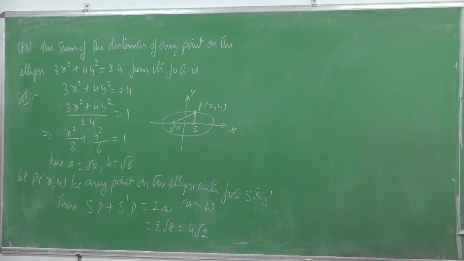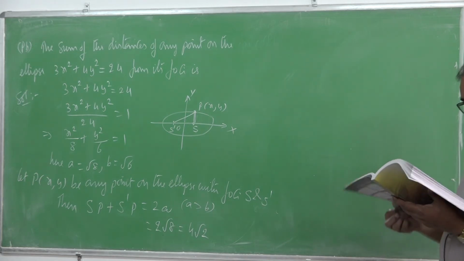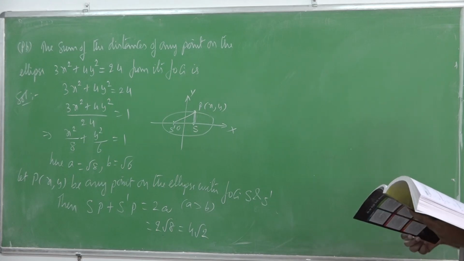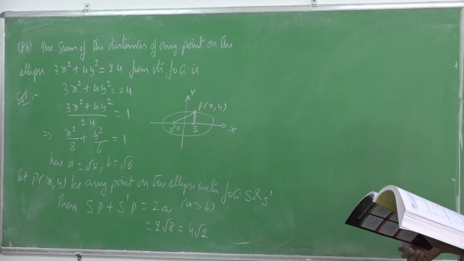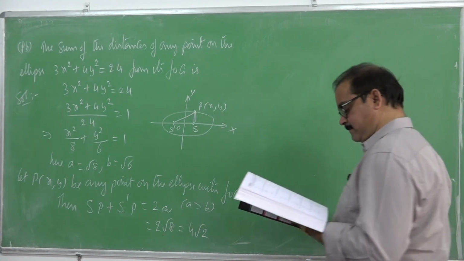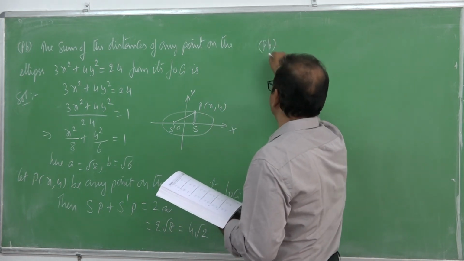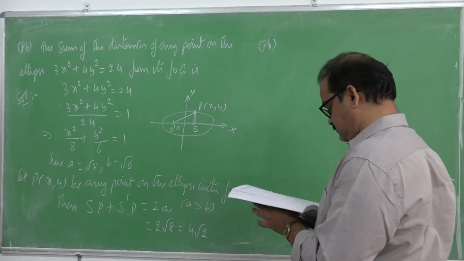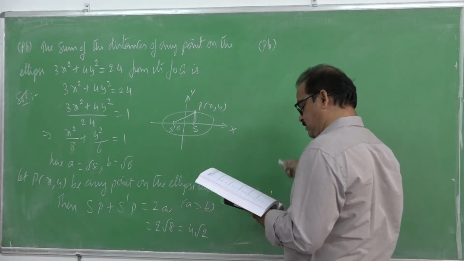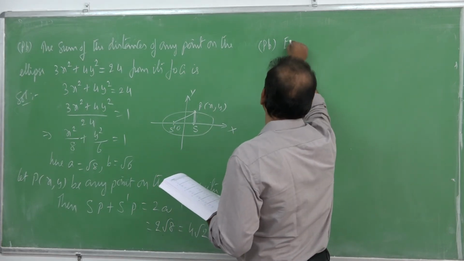Next, we discuss different forms of an ellipse. This is the first problem.